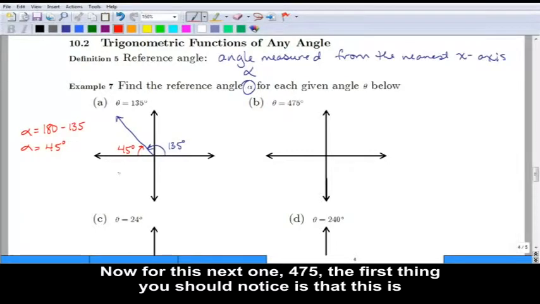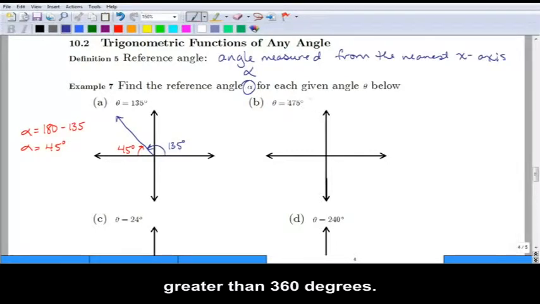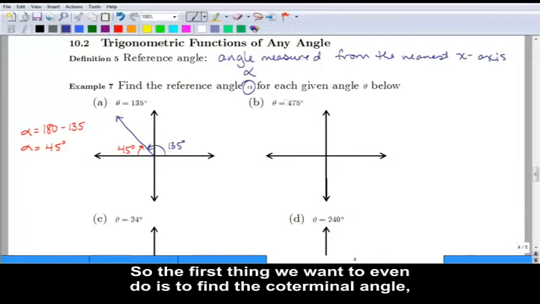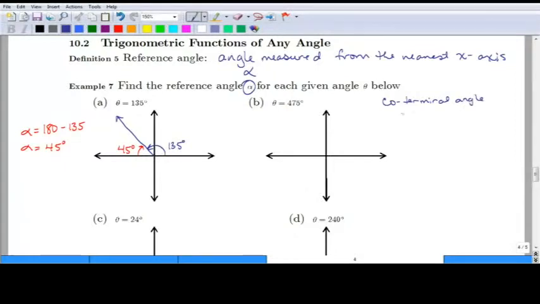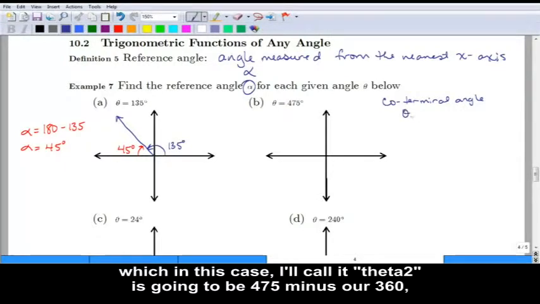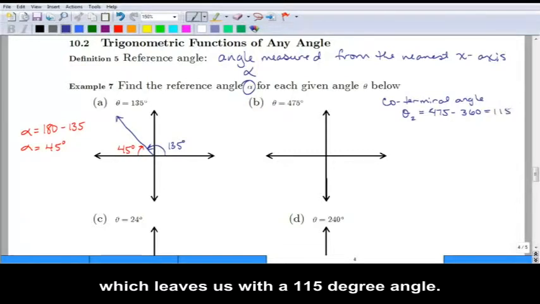Now, for this next one, 475, the first thing you should notice is that this is greater than 360 degrees. So the first thing we want to do is to find the coterminal angle, which in this case, I'll call it theta 2, is going to be 475 minus our 360, which leaves us with a 115 degree angle.